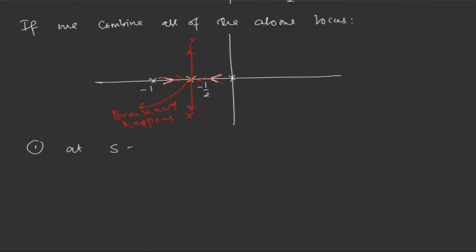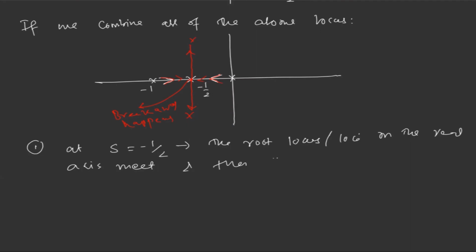At k equal to half, the root locus, or locus sometimes we call it, on the real axis meets and then splits to the complex plane.